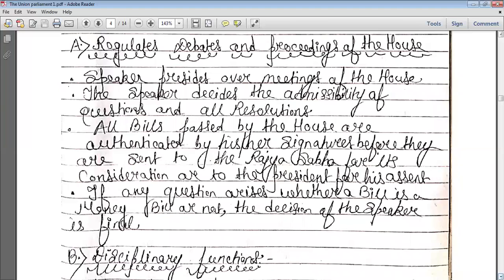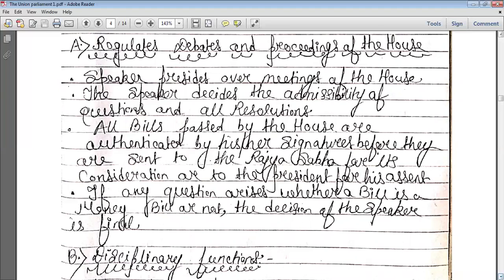All bills are of two types, ordinary bill and money bill. All the bills passed by the House are authorized by his or her signature before they are sent to the Rajya Sabha for consideration or to the president for his assent. The money bill is first introduced in the Lok Sabha and signed by the Speaker of the Lok Sabha.